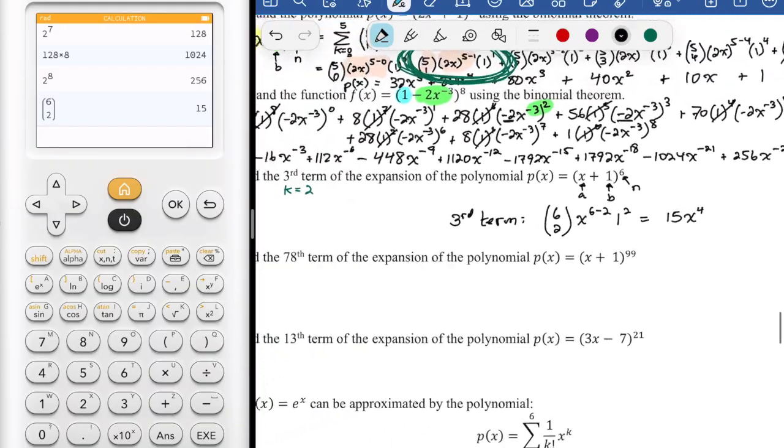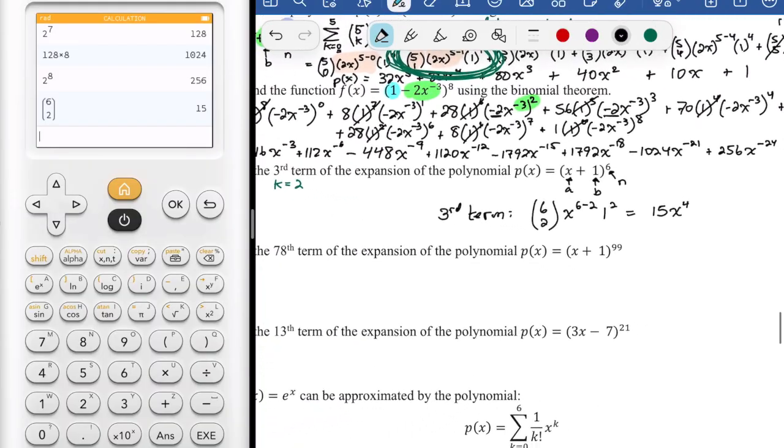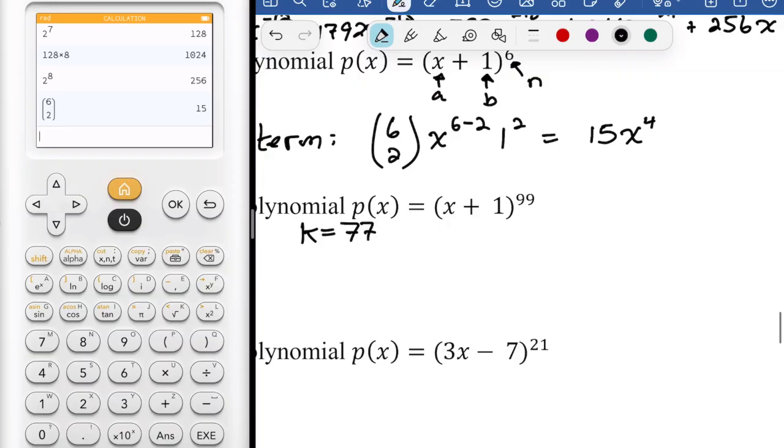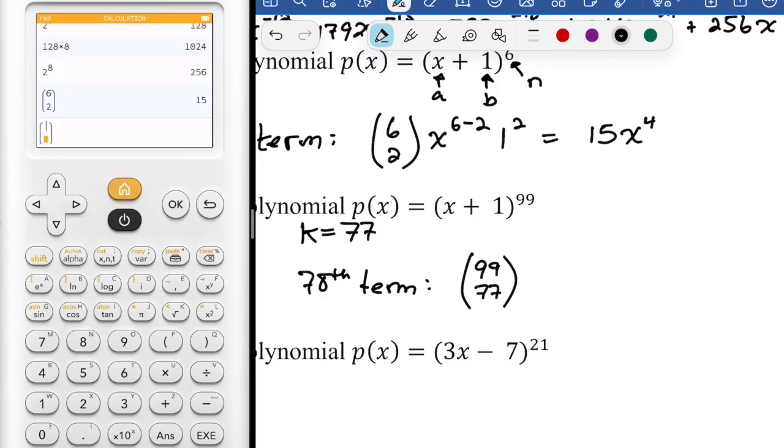If I need to do it to the 99th power and find the 78th term, all right, so here k is equal to 77, 1 less than whatever the term position is. My 78th term, 99 over 77. Now, I'll show you very quickly. If I put in 99 over 77, I get this monstrous number that I would never expect you to write and never want to write myself.